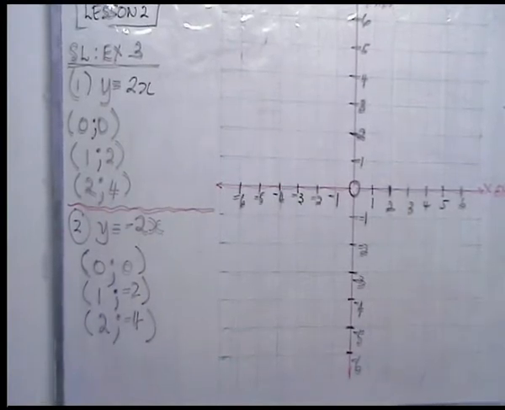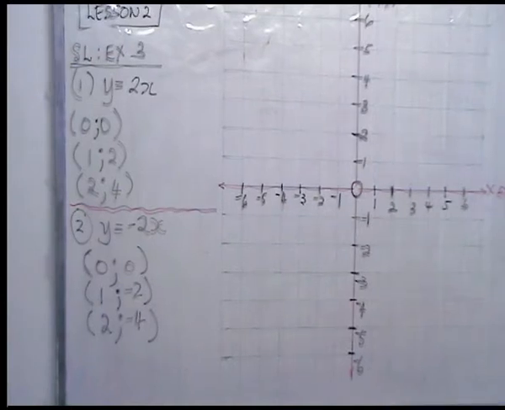Obviously you have to put the DVD off, take some time, draw it, and then come back and I will draw the graph for you so that you can see whether you got it right or wrong. In number 1 the ordered pairs are (0, 0), (1, 2), (2, 4), and the equation is y is equal to 2x.